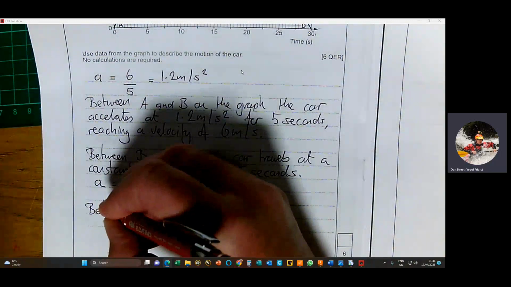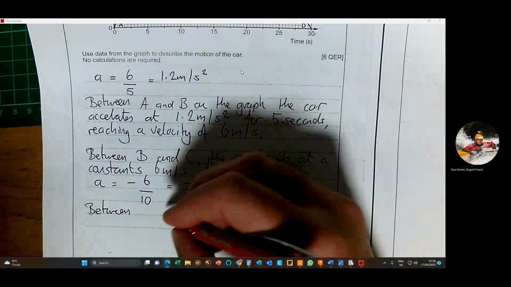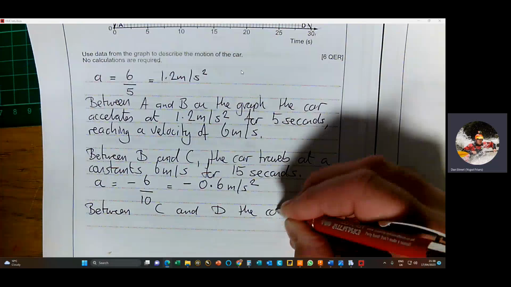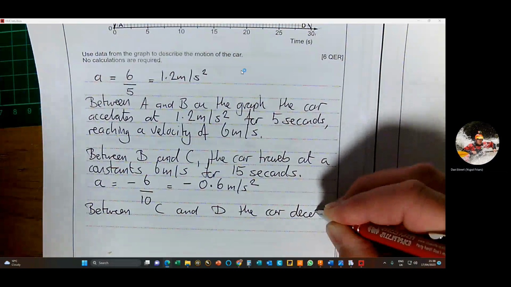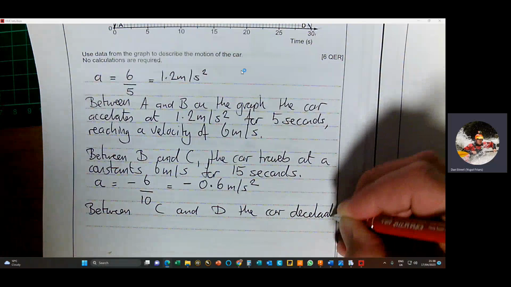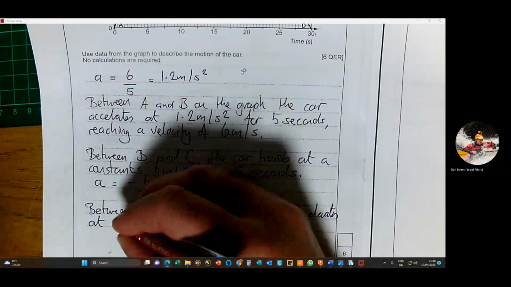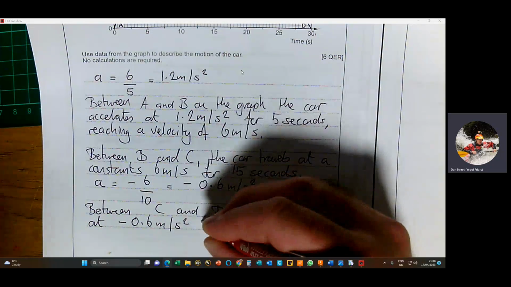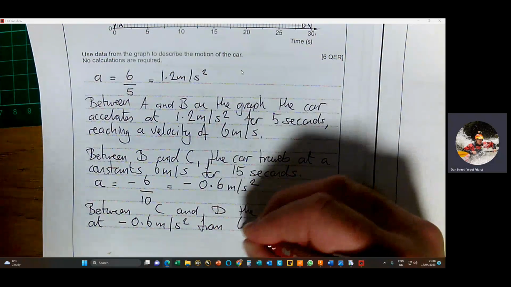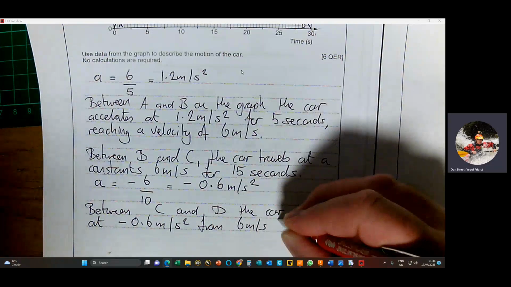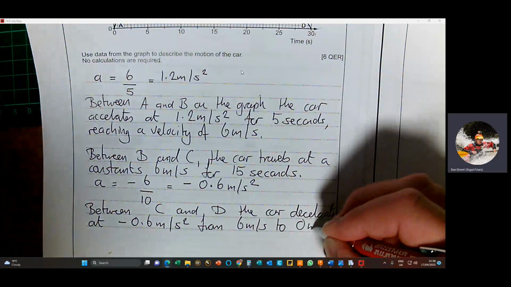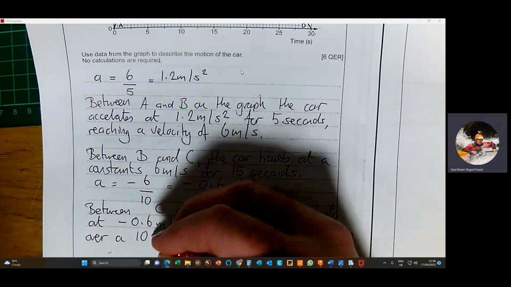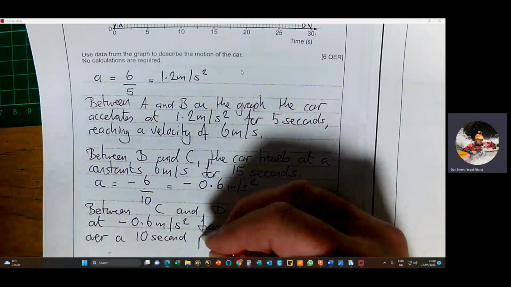So between C and D, the car decelerates at minus 0.6 meters per second squared from 6 meters per second to 0 meters per second over a 10-second period.